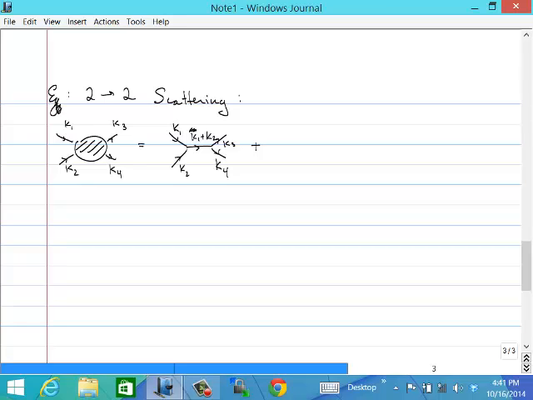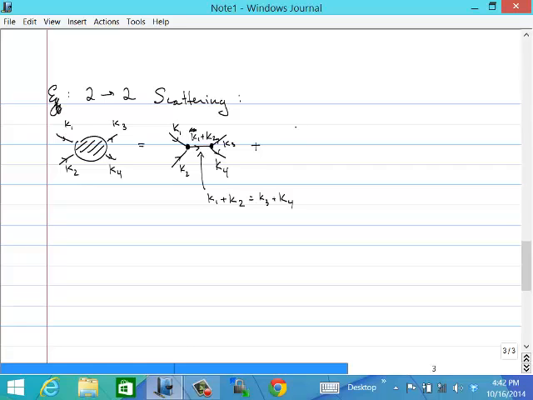And here I've determined the momentum of that intermediate particle as k1 plus k2 by momentum conservation. But of course, that also has to be equal to k3 plus k4 by the conservation of total momentum. So you could either use momentum conservation at that vertex to write it as k1 plus k2, or at that vertex to write it as k3 plus k4. And the fact that those two things are equal is just the total conservation of momentum.